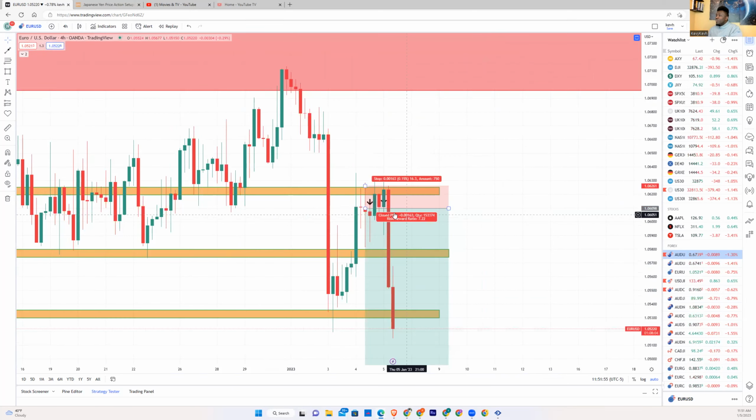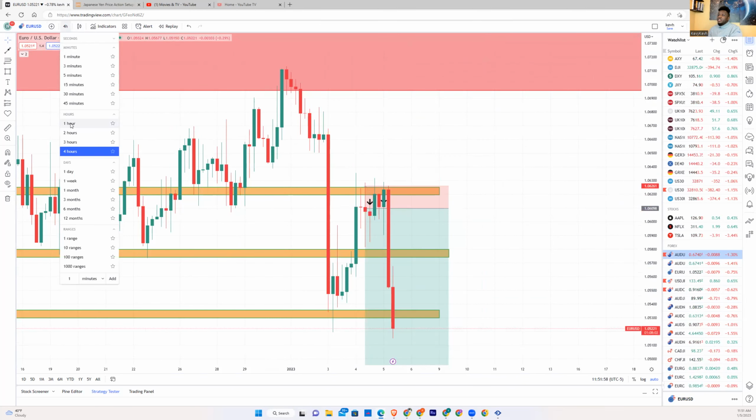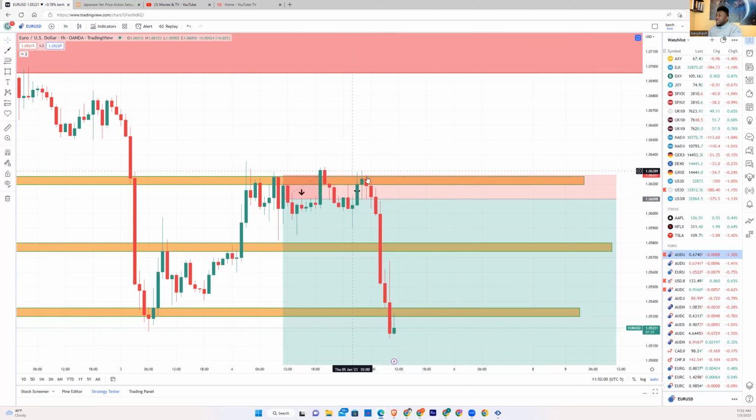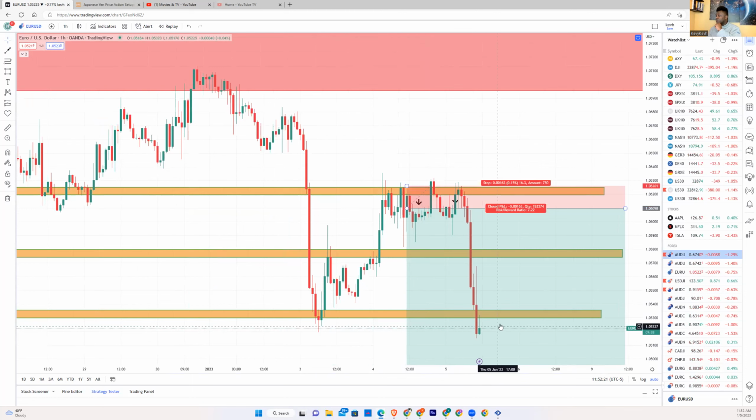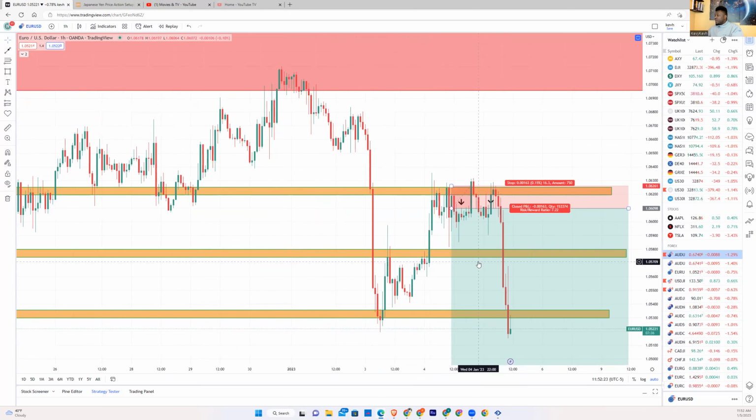If you were in this trade and at one point it came back all the way to our stop loss area, it could have scared you out, but I was able to get back in because I believed in the analysis, and the market never broke our resistance area over here, right? So I was able to get back in and hold until this moment. So still going on that Euro USD.